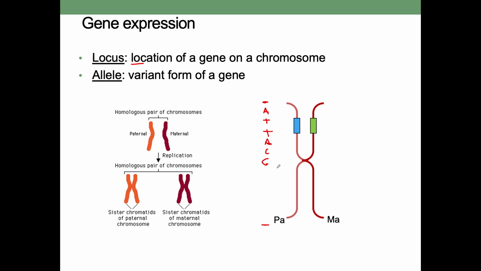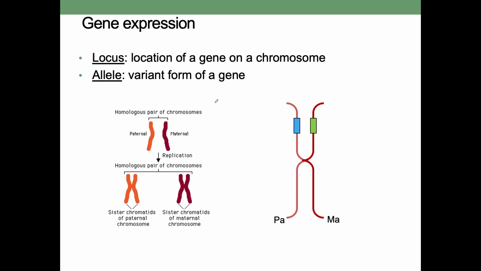When they're coiled together and condensed together, they become chromosomes. But they still have the same sequence of A's, T's, C's, and G's. And so the particular spot in the sequence of A's, T's, C's, and G's from one end to the other is the locus. It's the location where we find genes on particular chromosomes.